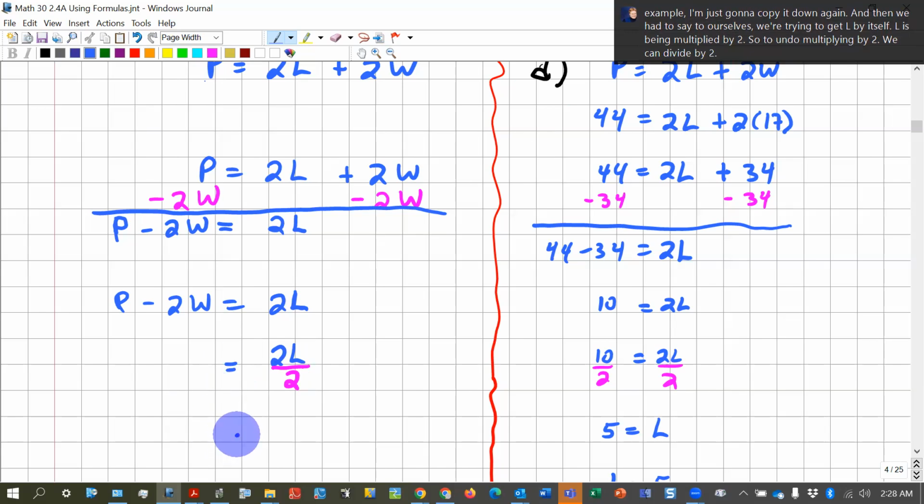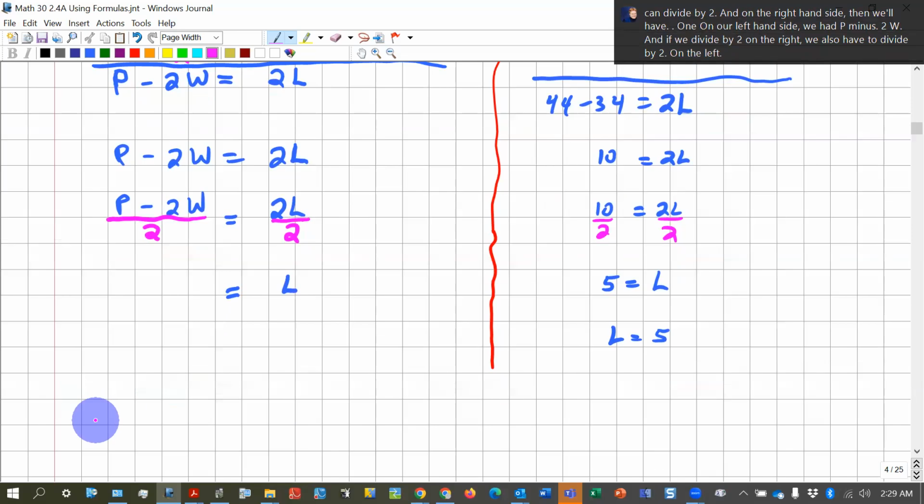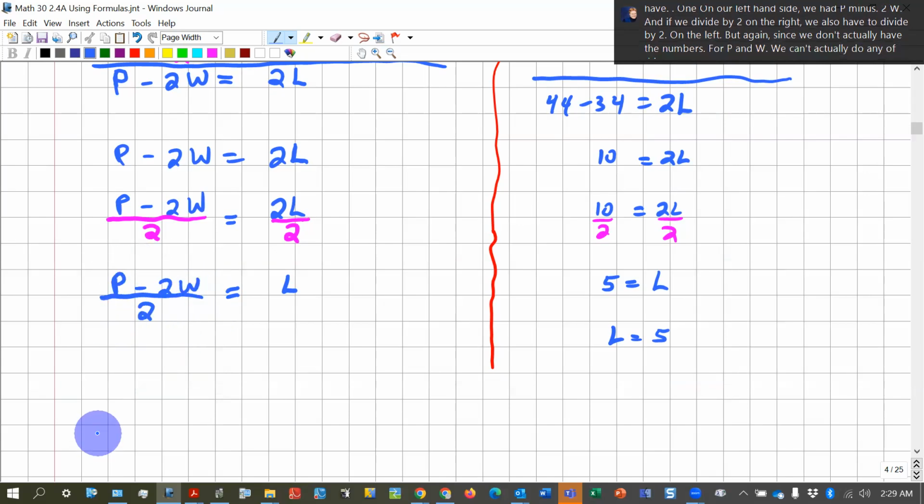And on the right-hand side, then we'll have 1 times L, which is just L. On our left-hand side, we had P minus 2W. And if we divide by 2 on the right, we also have to divide by 2 on the left. But again, since we don't actually have the numbers for P and W, we can't actually do any of this arithmetic.